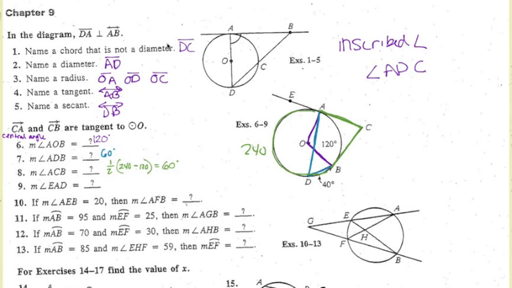EAD. Okay, so EAD is formed by a, what is EA? Tangent, and AD is a chord. An angle formed by a tangent and a chord is how big?